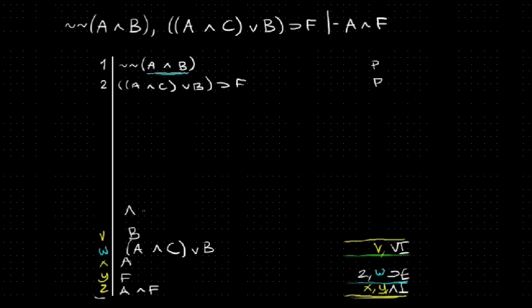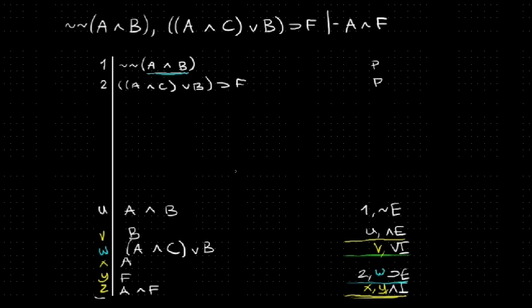So if we could somehow get A and B out on this line, on line U, then we could do U conjunction elimination. How would we get this line? Well, look, we've got two negations here, and as we know, when we've got two negations right next to each other, they cancel each other out. So we could arrive at line U from line 1 and a negation elimination.